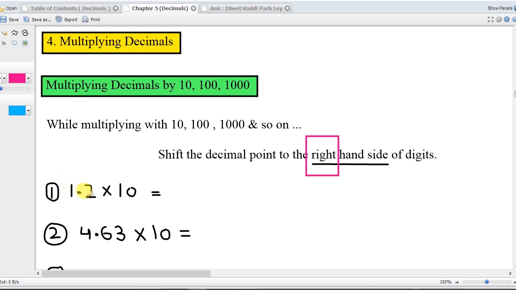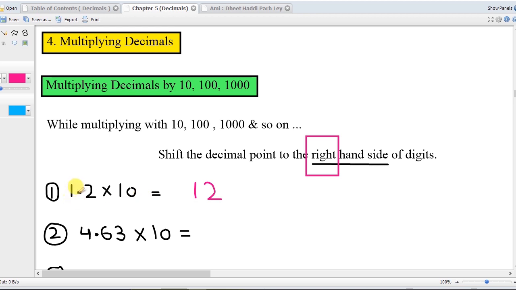Now see, 1.2 times 10. This decimal number is multiplying with a number having zeros, so it can be 10, 100 or 1000. We just need to shift this decimal point towards the right hand side. Let me write this number, 1 and 2.